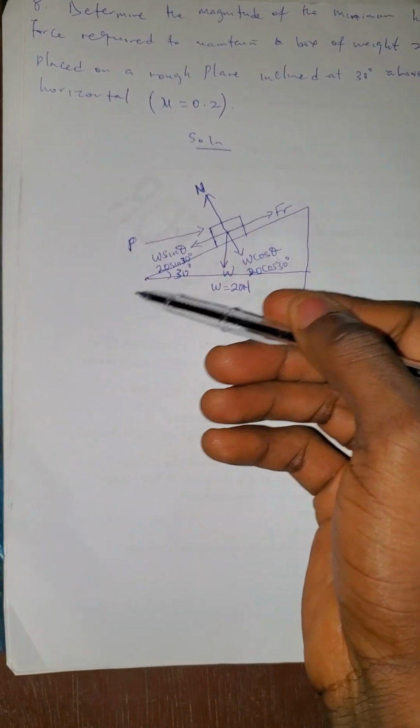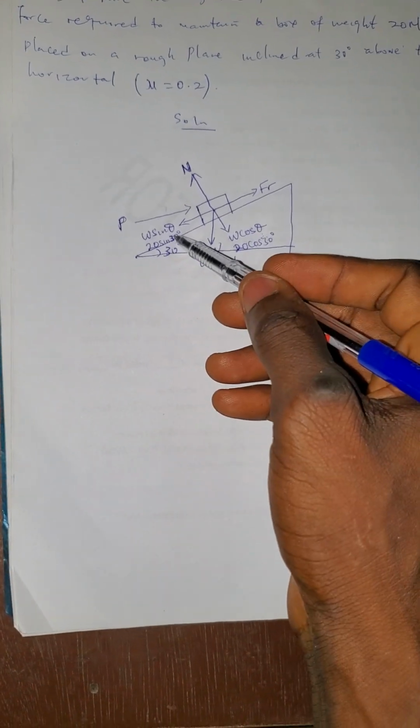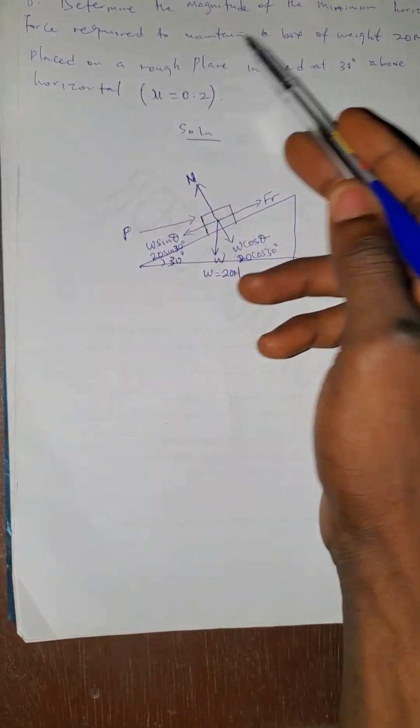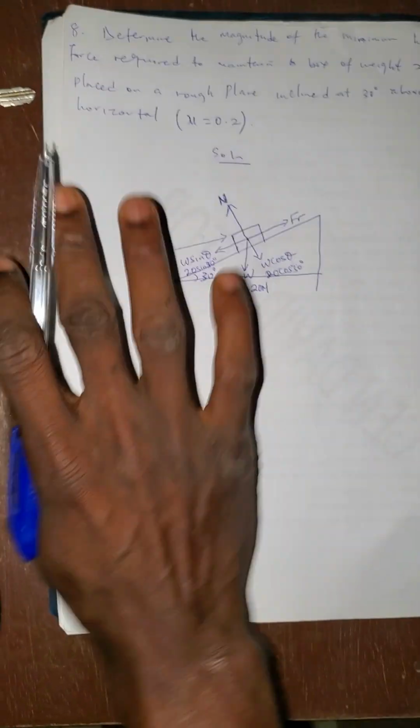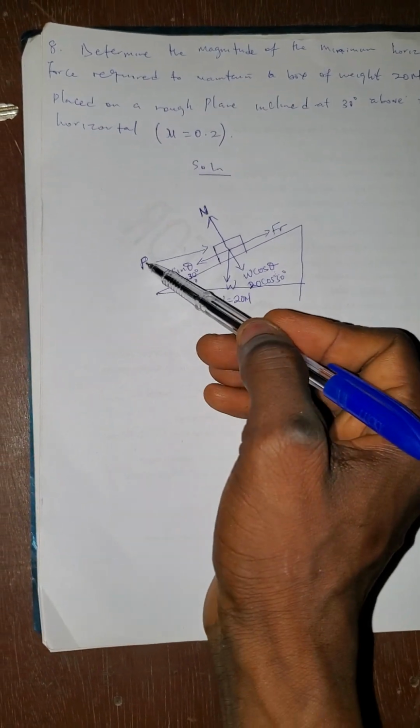Once it's going down, there will be a natural force taking it down, which is W sin theta. But the force required to maintain the box, that is, to hold it, will be opposing the box because the box is coming in this direction. You have to apply that P to oppose this box.